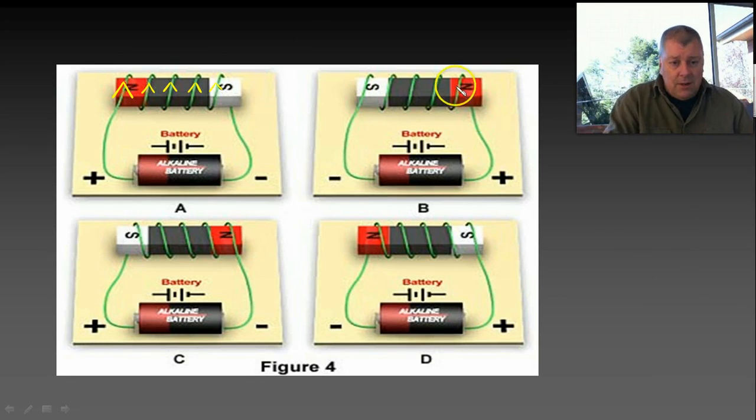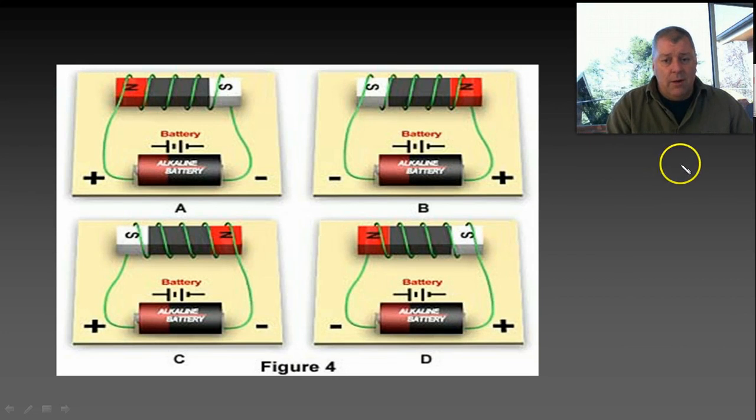Here the current's going that way, so we wrap our fingers around differently. Here the current's going that way, and here the current's going that way. So in each of these different scenarios we can work out which end is north and which end is south, and it doesn't take much practice as long as we use our right hand.